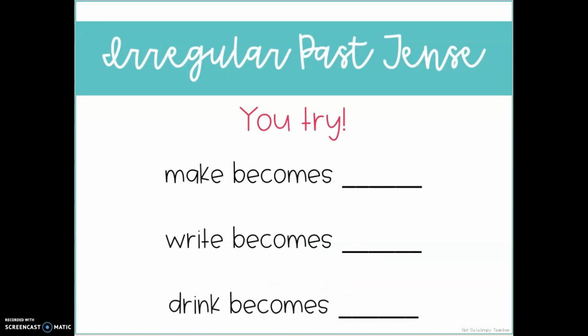The verb make, to put it into irregular past tense, it becomes made, M-A-D-E. Write becomes, well, let's try that. Today I write a story. Yesterday I wrote a story.